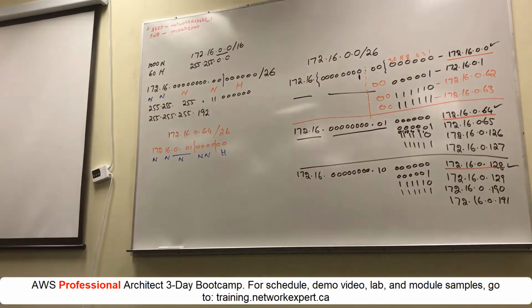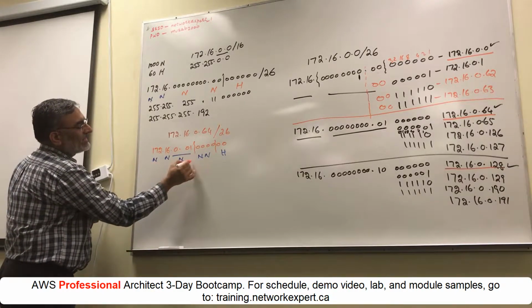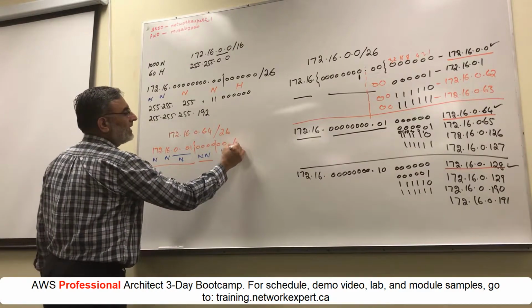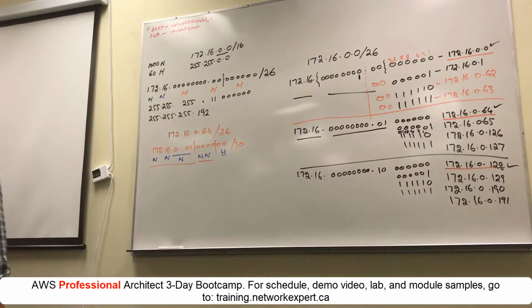This is my host portion now. So how many bits do I have in the network portion now? 30. 26 plus 4. So I have 30 bits in the network portion.